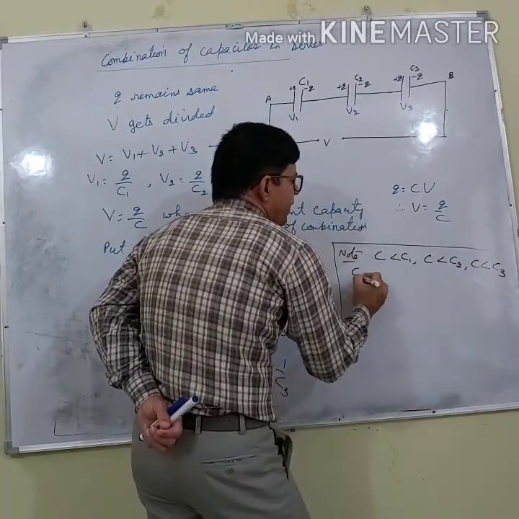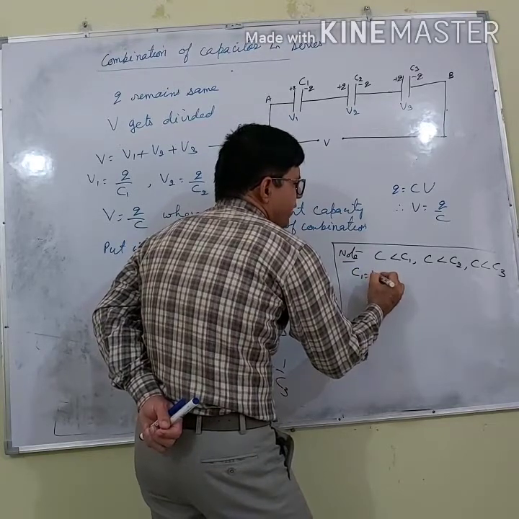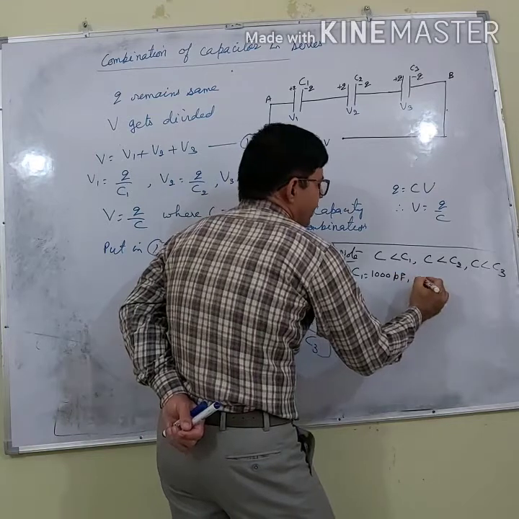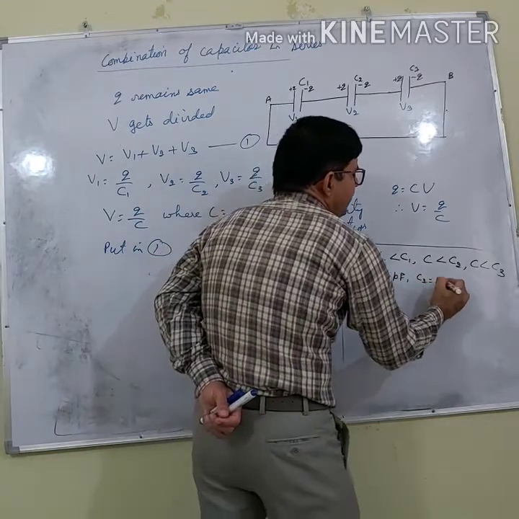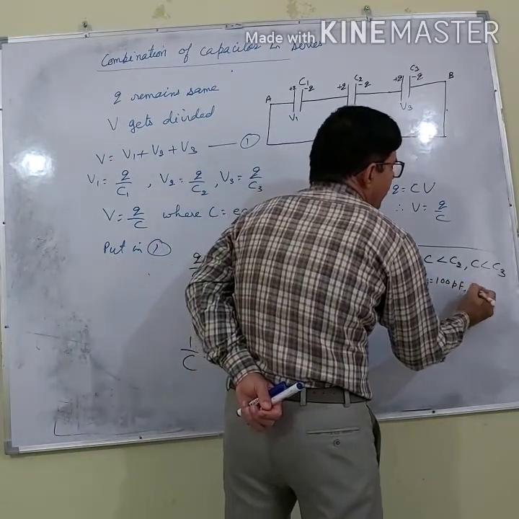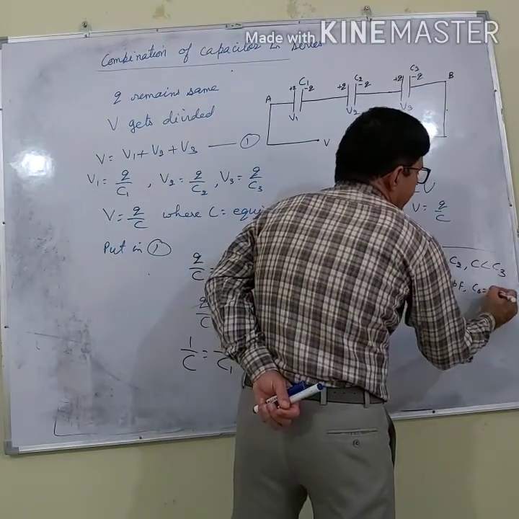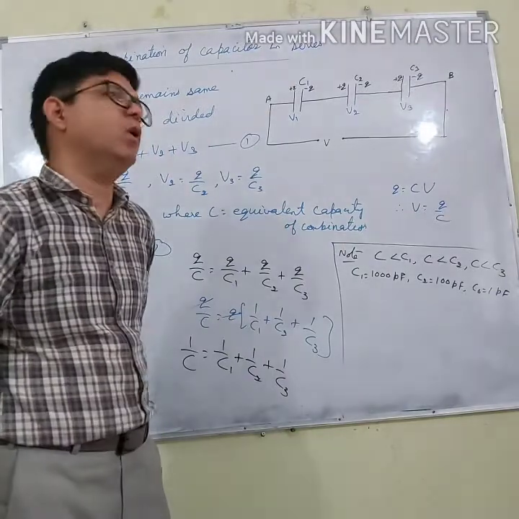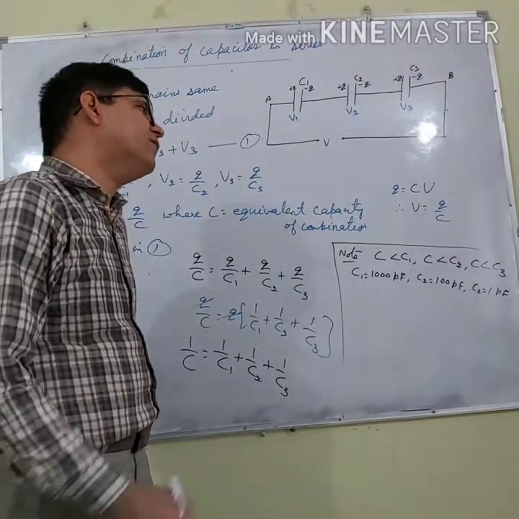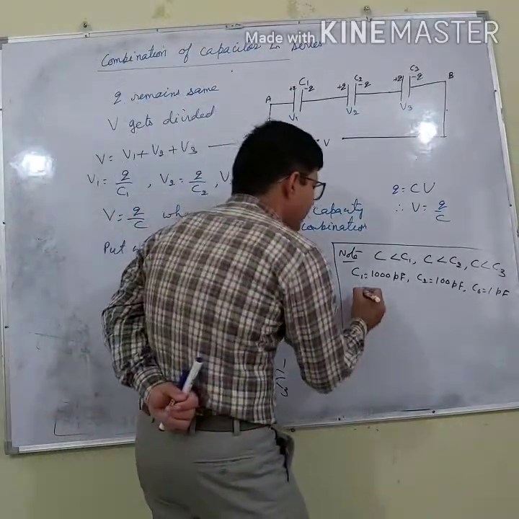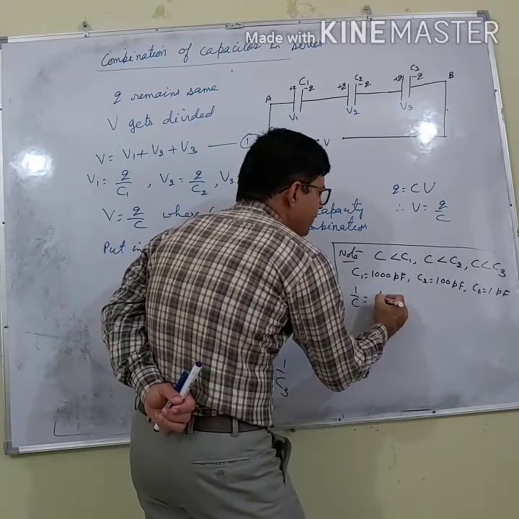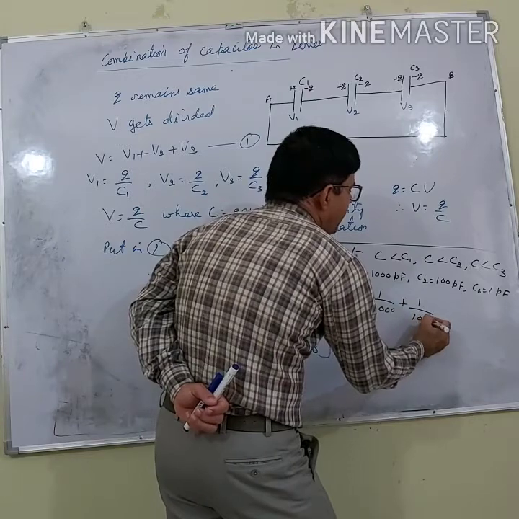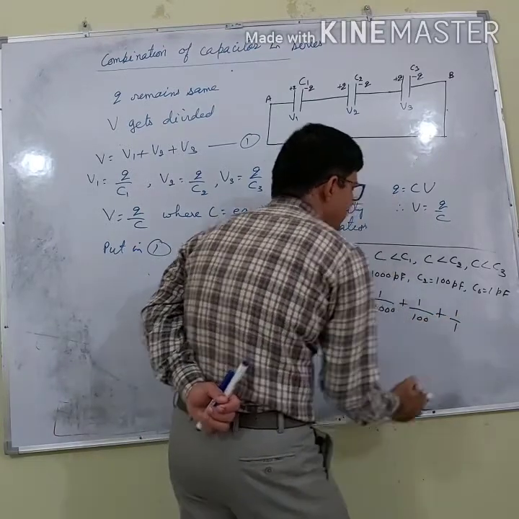So let us take 3 capacitors, let us say 1000 picofarad, another capacitor is 100 picofarad, and let us say one capacitor has a capacity of 1 picofarad. If they are connected in series combination, what will be the capacity? 1 by C is 1 by 1000 picofarad, 1 by 100 picofarad, 1 by 1.